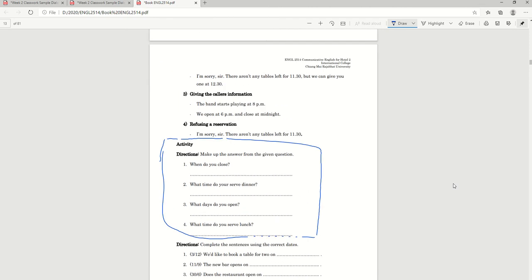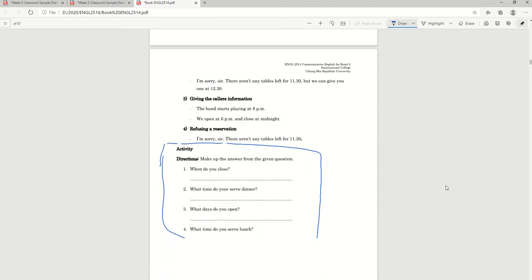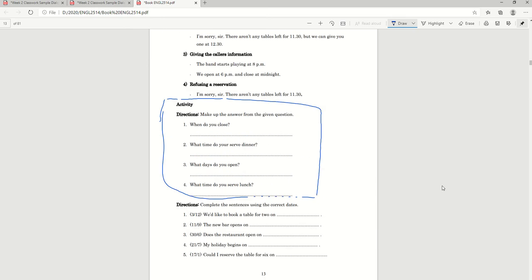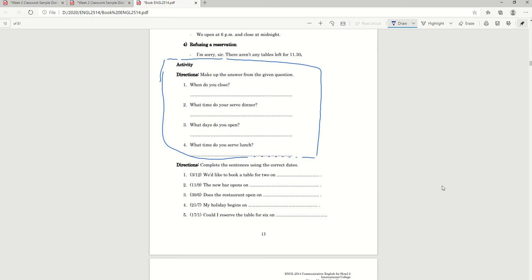As you can see from the example expressions above. Okay, let's work on number one. When do you close? Actually, there is not enough context clue here, but we are now talking about a restaurant, F&B service.